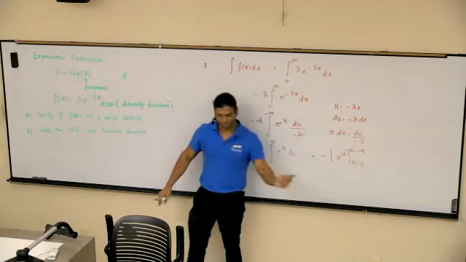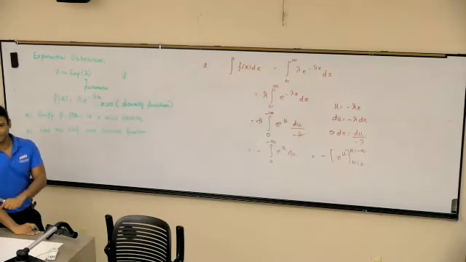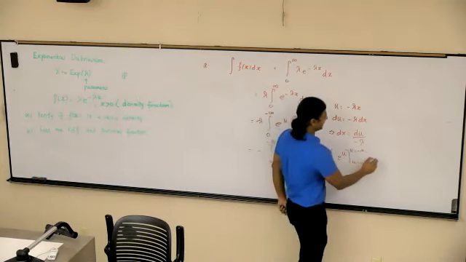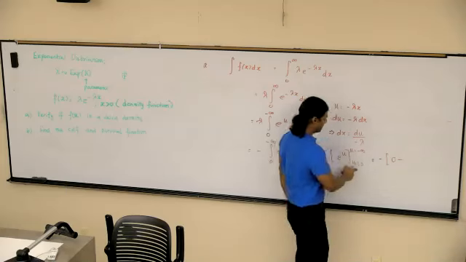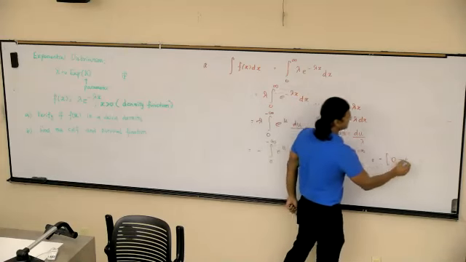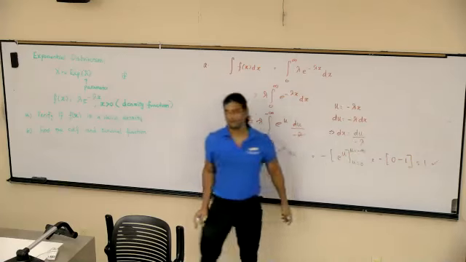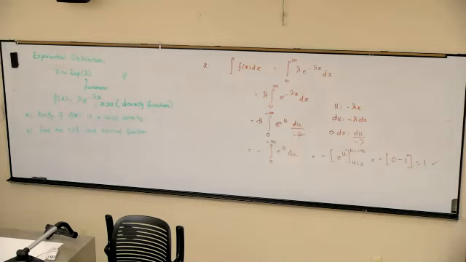What is the limit as u approaches negative infinity of e raised u? Upper limit 0, minus lower limit e raised 0 is 1. Minus times minus 1 is 1, so it is a valid PDF.